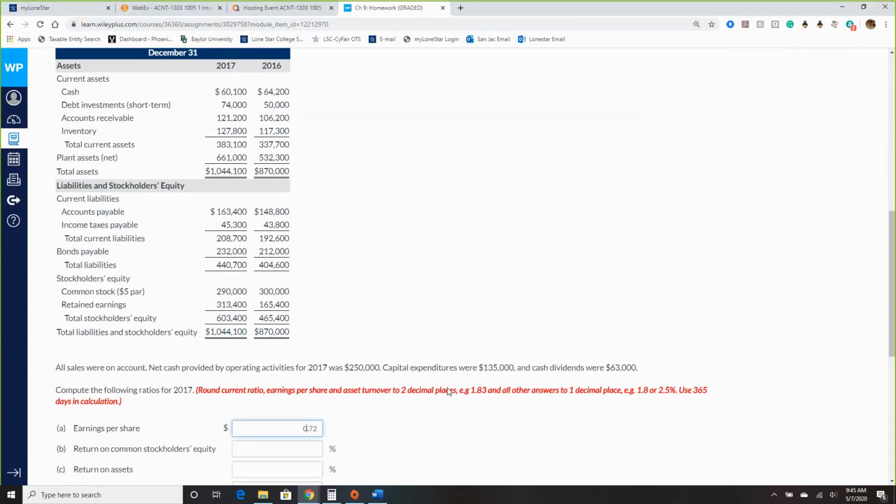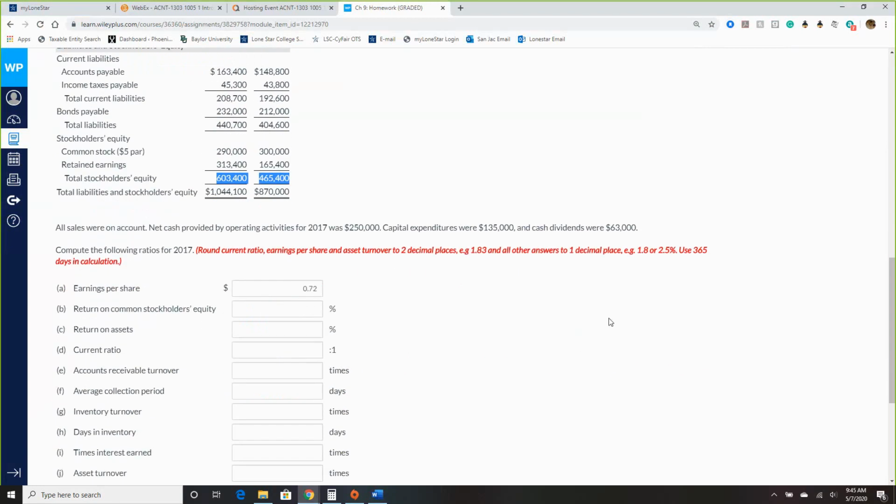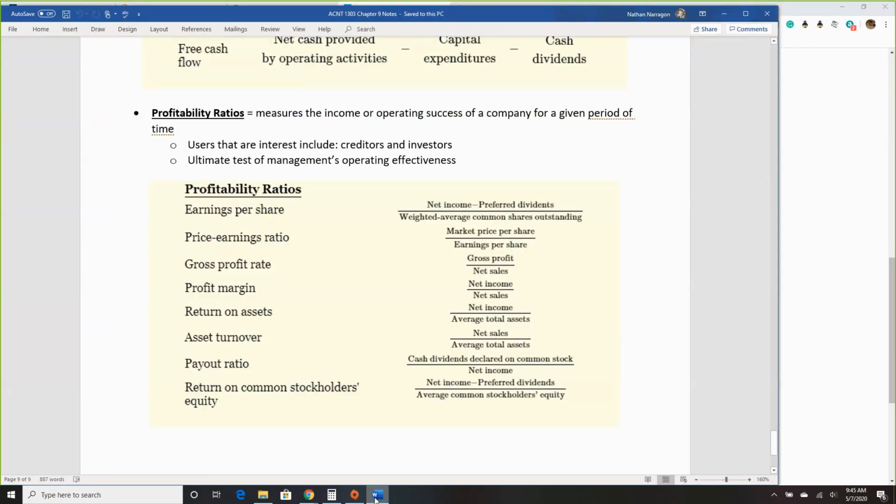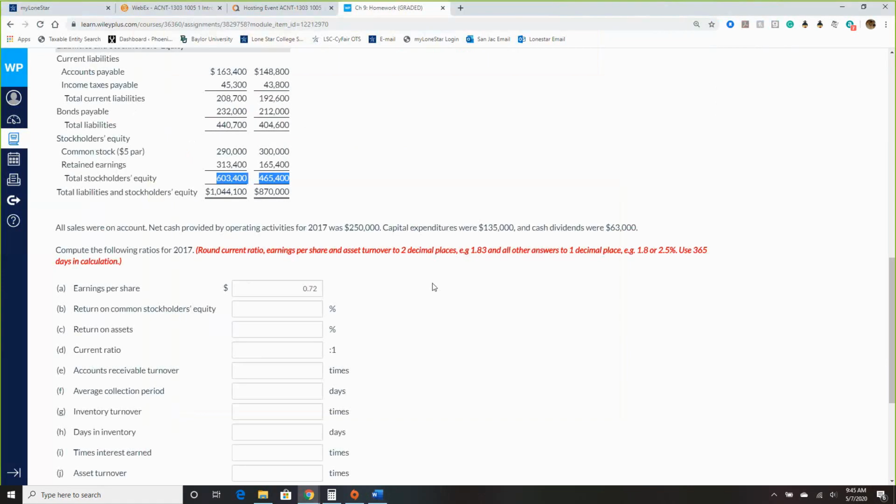Is that the same formula? Common stockholders' equity. Equity. Alright. Let's see. I want to actually check this just to make sure on it if it's the same number. But we're going to use the stockholders' equity for right now. I think that's what they're really talking about.